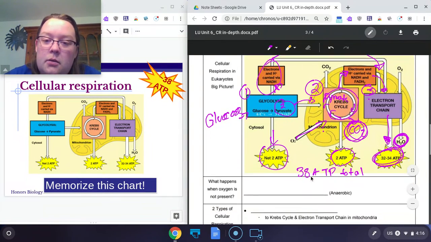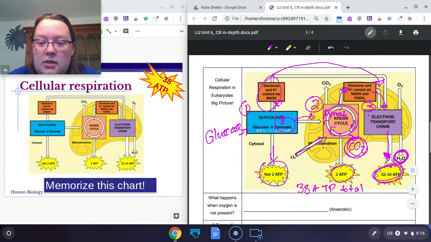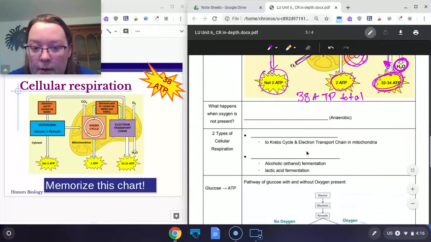So you may ask, what about cells that don't have a mitochondria? Because if a cell doesn't have a mitochondria, it can't go to step 2. So if a cell does not have a mitochondria, we can't proceed to step 2. So it can do glycolysis, but it can't do the Krebs cycle because there's no mitochondria.